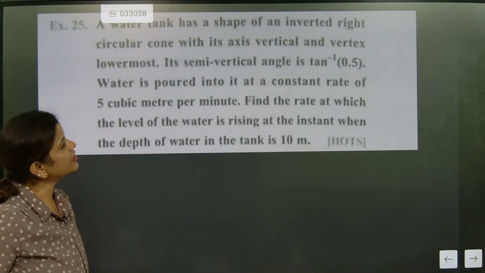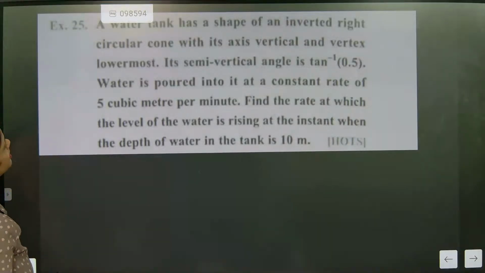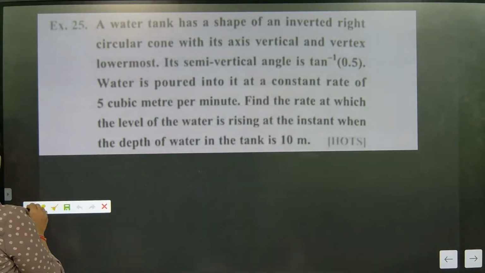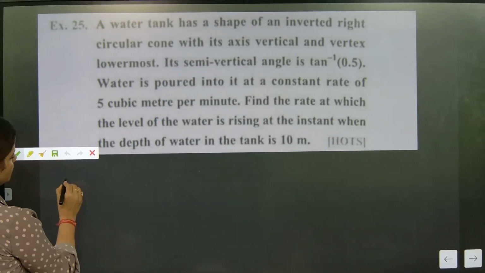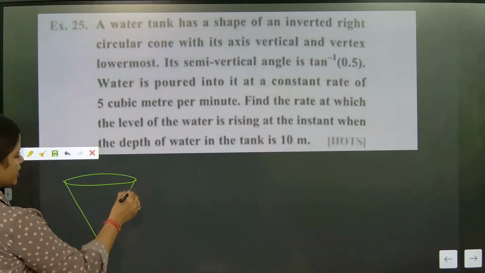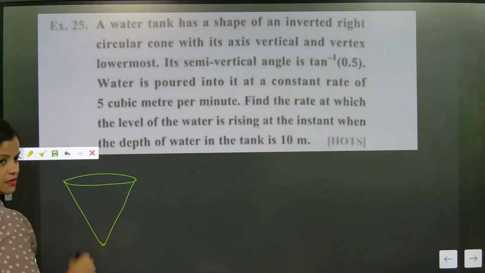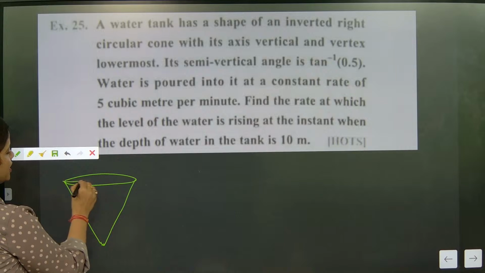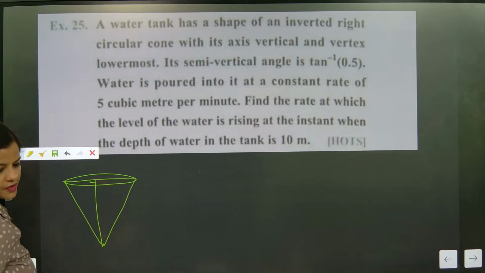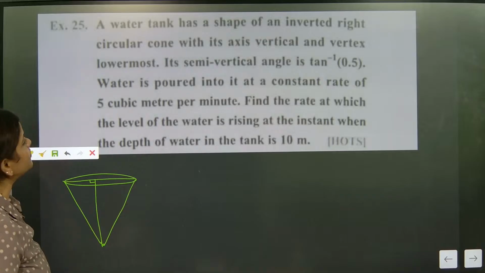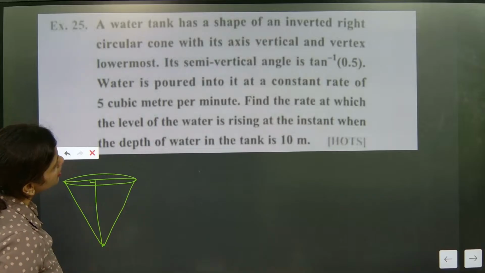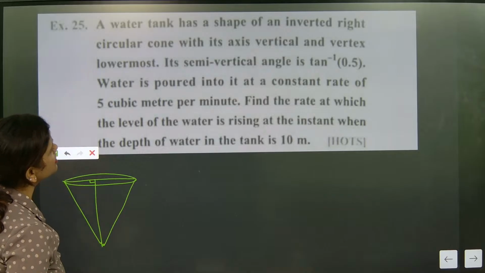Yes, a water tank has the shape of an inverted right circular cone. So this is a water tank in the shape of an inverted right circular cone, beta. Its axis is vertical and its semi-vertical angle is sine inverse of this much.